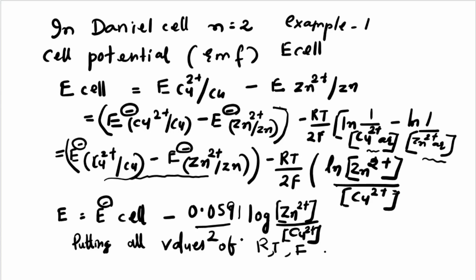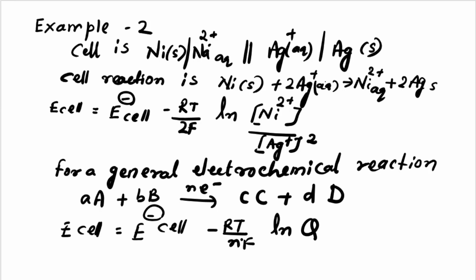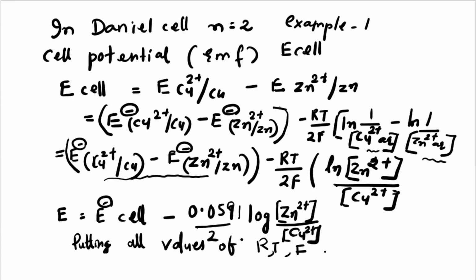If you put the RT and F values, you will get 0.0591 by 2, because 2 is the number of electrons.